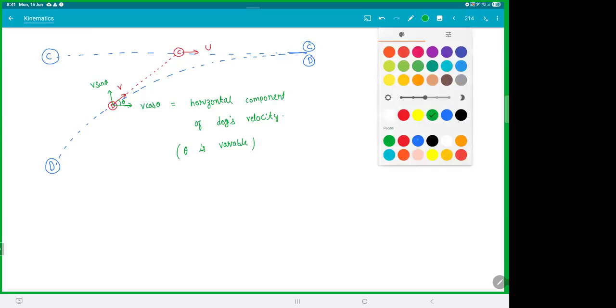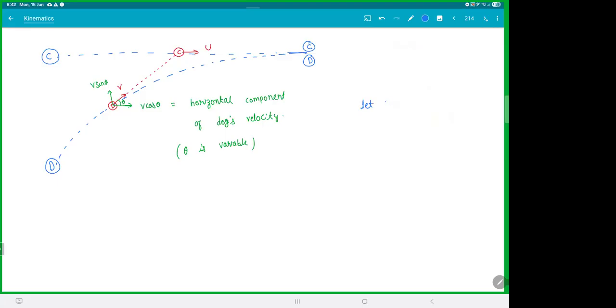Great. Next thing, let the cat be caught at time t. So when the dog catches the cat, they must have traveled the same horizontal distance.